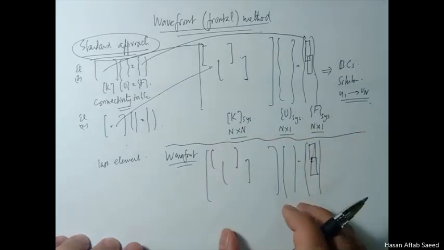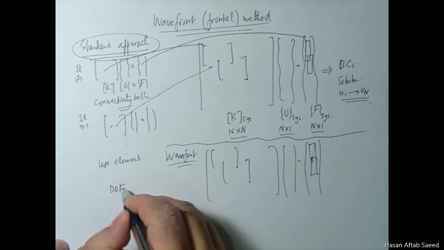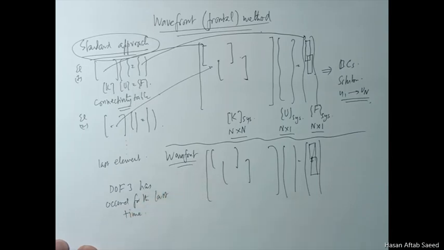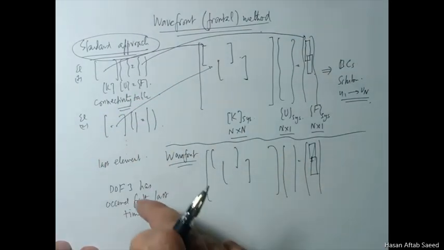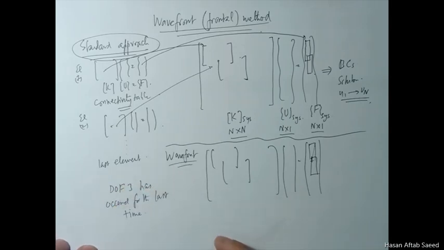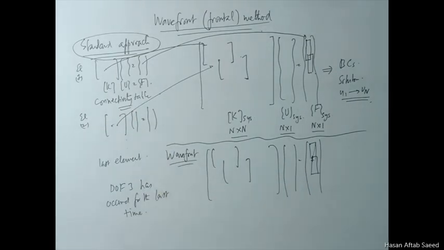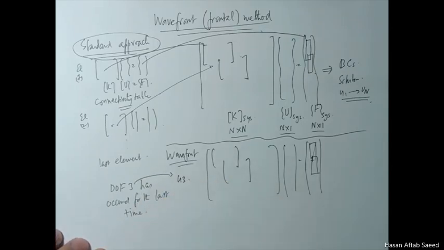So far there's no change, but let's say at this stage, your connectivity table tells you that degree of freedom 3 has occurred for the last time, which means that from element 3 onwards up until the last element, there is no reference to degree of freedom number 3. That is, none of the elements after element 2 has degree of freedom 3, which means nothing but u3. So this is the time when you eliminate u3.